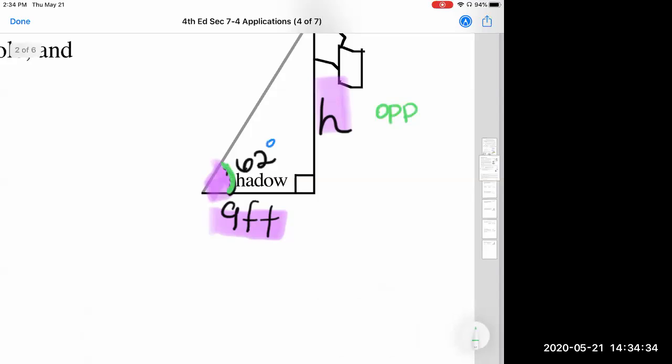And the 9 feet, which is the other piece I was given, is adjacent. What trig function can I choose that uses opposite and adjacent? You have two options. You have tangent, right? Opposite over adjacent, or its reciprocal, cotangent. They will both work. It's just a matter of picking one of them.